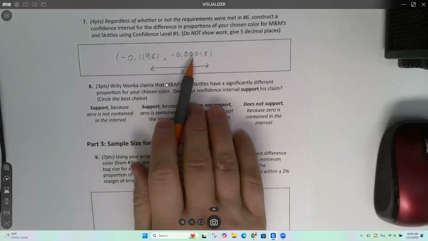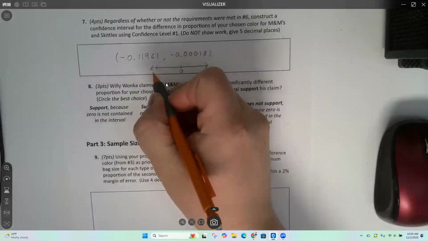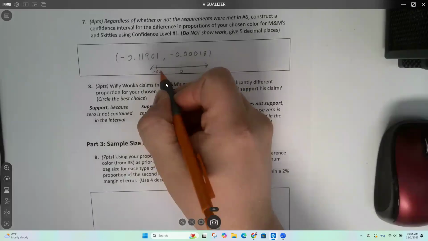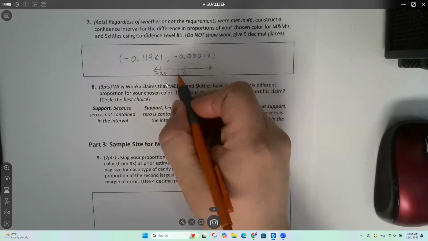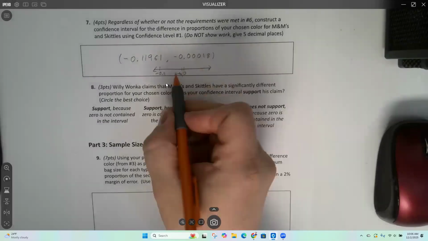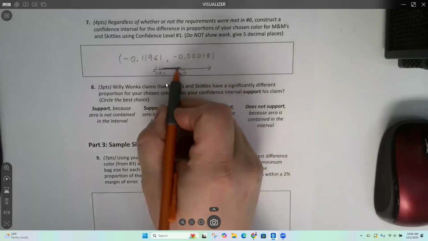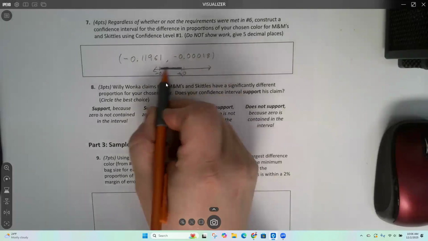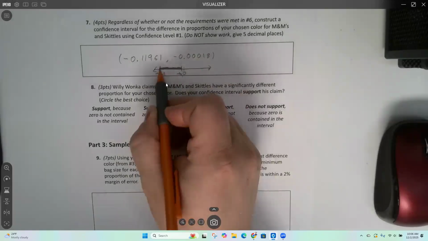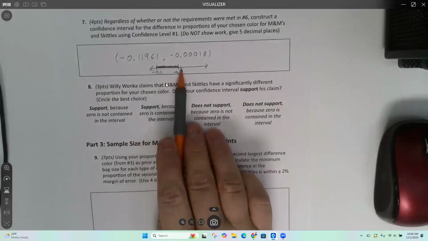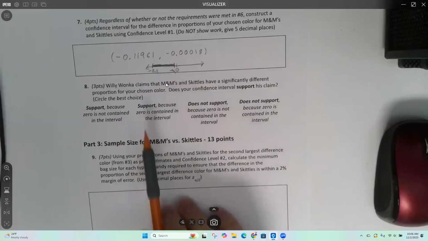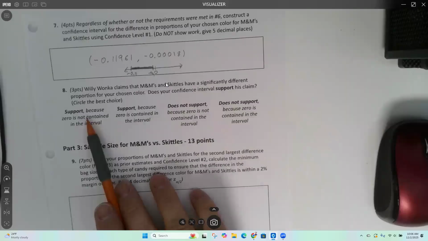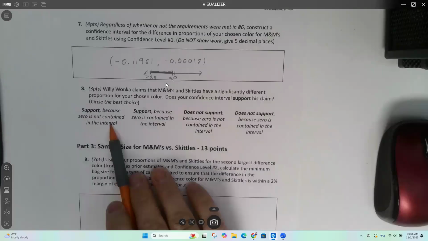Now for my confidence interval, I have negative 0.11. So I have negative 11. And then I have this one, which is real close to zero, negative 0.00001, but it's not at zero. So my confidence interval is here. It does not contain zero. Okay. So for me, 0 is not contained in the interval, okay?